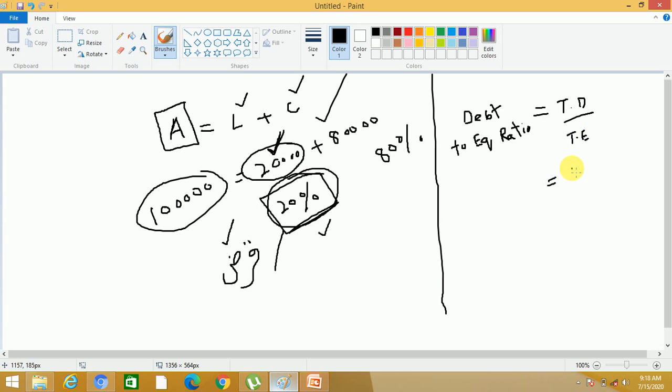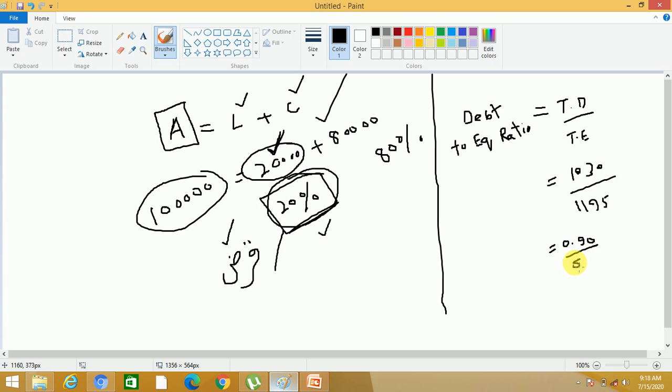Total debt was 1030 and total equity was 1139. So we got 0.90. What does it mean?